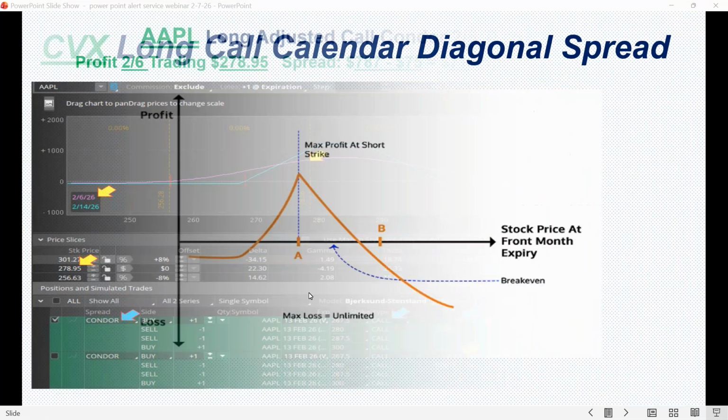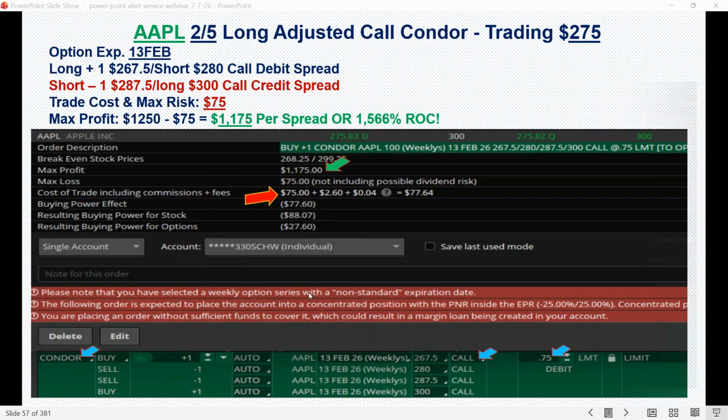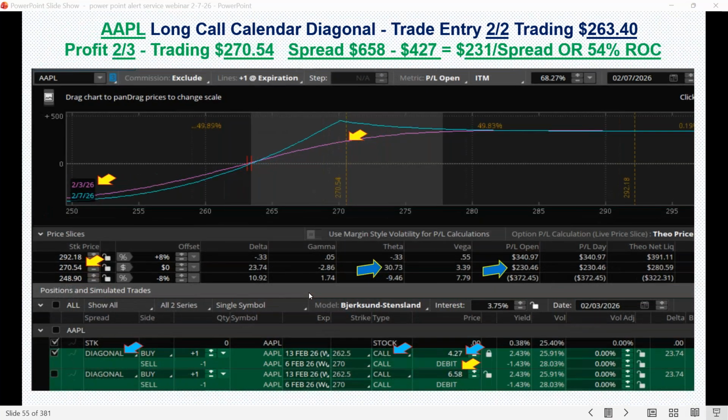For example, like Apple, the initial trade setup cost about, let's say, $400, $500. But a lot of these trades are even cheaper than that. These are calendar diagonals, but the butterfly trades can be as little as $25 a spread or $100 a spread. So you can set them up with a really low capital account.